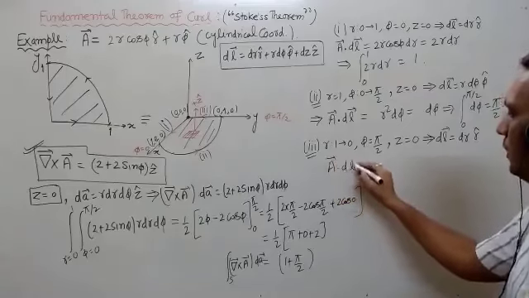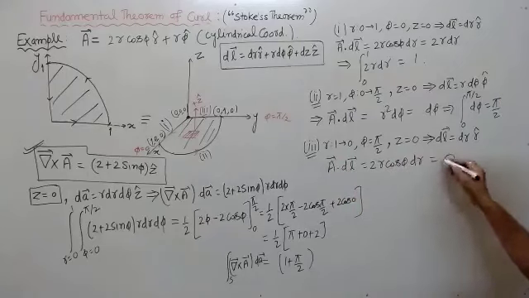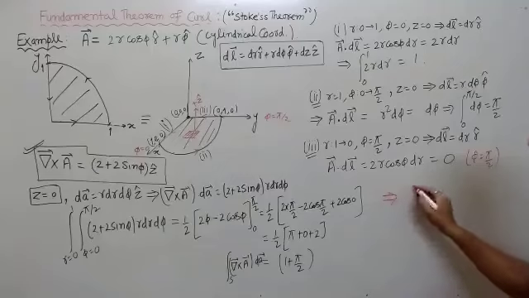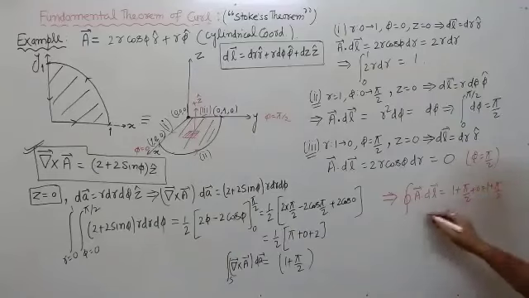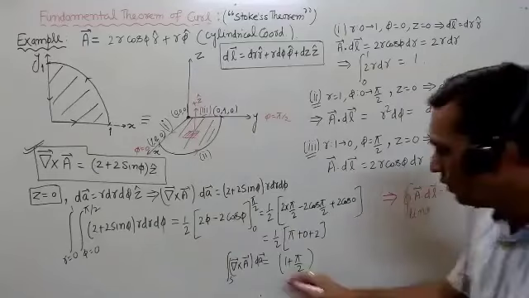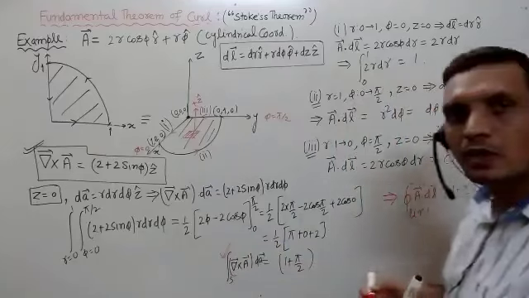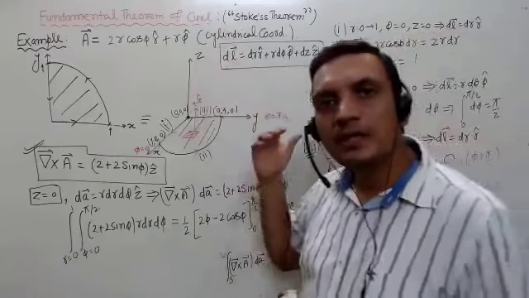A dot dl will be twice r cos phi dr, and this will be 0 because phi is pi by 2 and cos 90 is 0. So the closed integral of A dot dl is 1 plus pi by 2 plus 0, that is 1 plus pi by 2. The surface integral of del cross A dot dA is 1 plus pi by 2, and the closed integral of A dot dl is also 1 plus pi by 2. That verifies Stokes theorem in the cylindrical coordinate system.